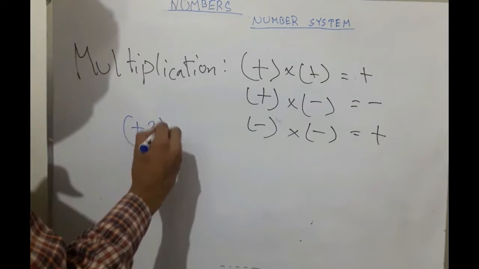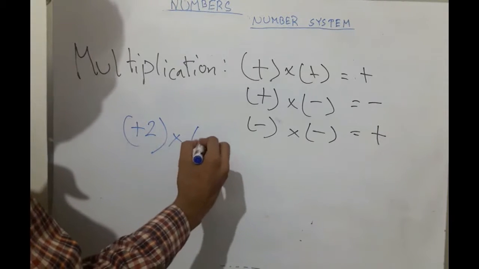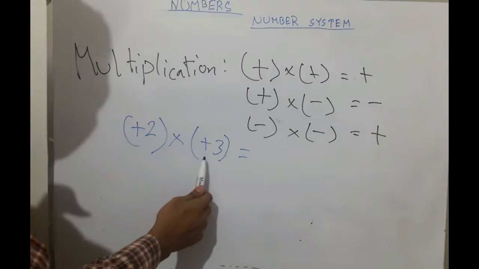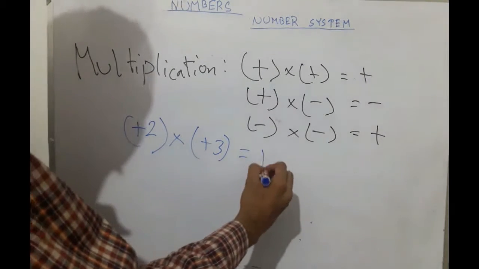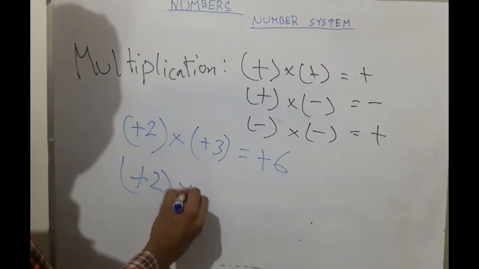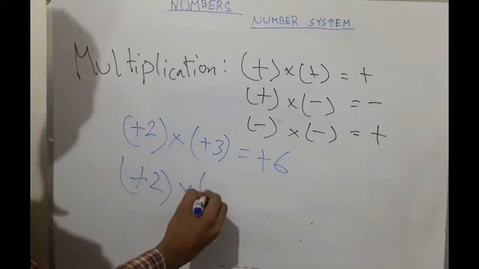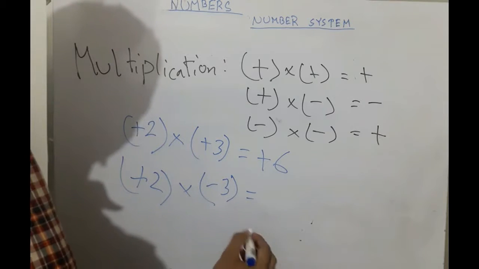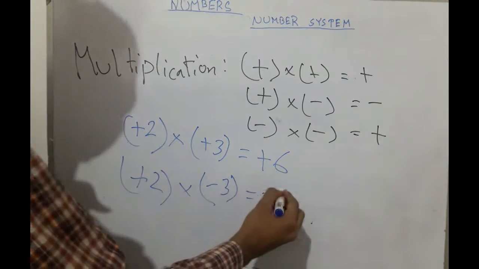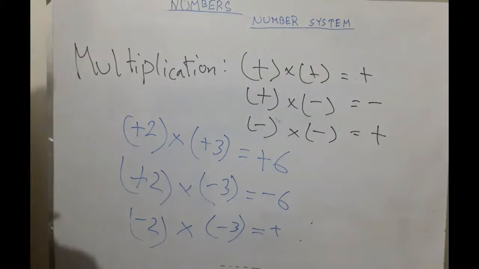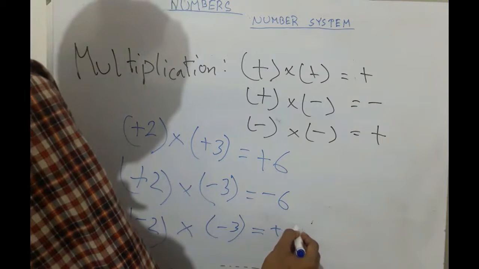Plus 2 into plus 3 equals plus 6, positive into positive equals positive. Minus 2 into minus 3. Here negative into negative equals positive. 3 into 2 is equal to 6.